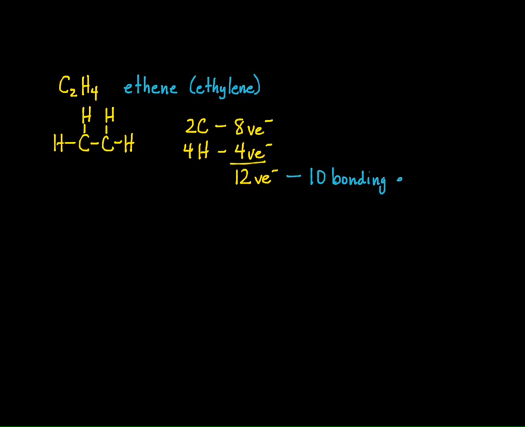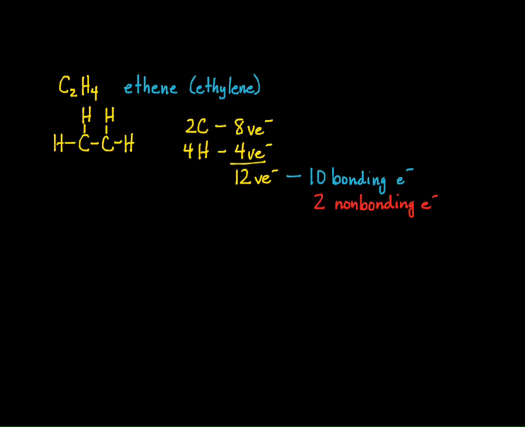And so that's 10 bonding electrons, which means that there's a remaining 2 non-bonding electrons. And I'll say that in quotes because the question is, how do we place the 2 non-bonding electrons? If you notice, each carbon only has 6 electrons around it, right? So each carbon, as it stands, is deficient in electrons. It doesn't satisfy the octet.